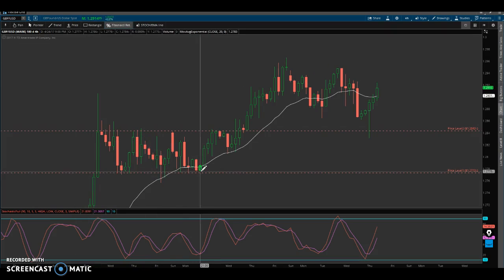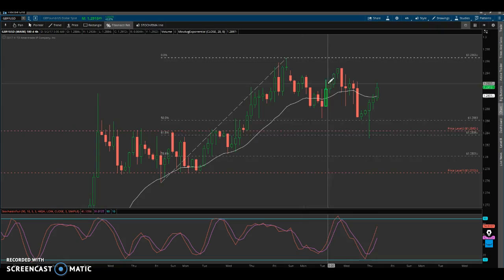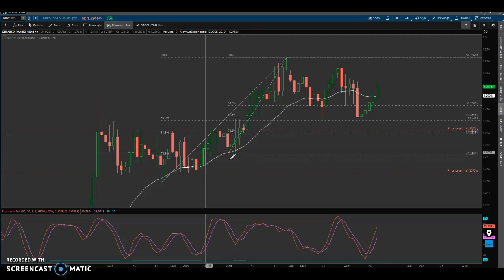Fib wise, you got the low here, up, right around there you got the 61.8. If you do the main impulse move that broke out of this consolidation zone, you got the 78.6 right there as well.